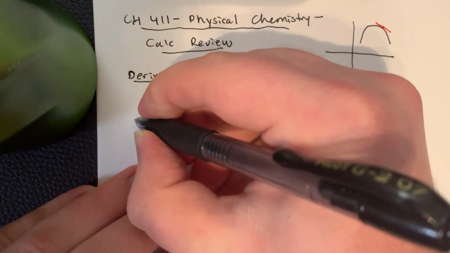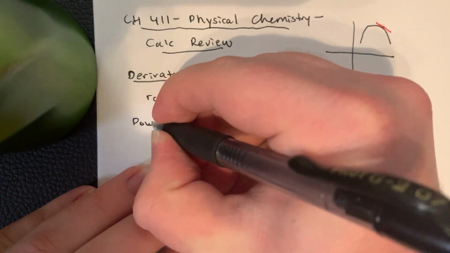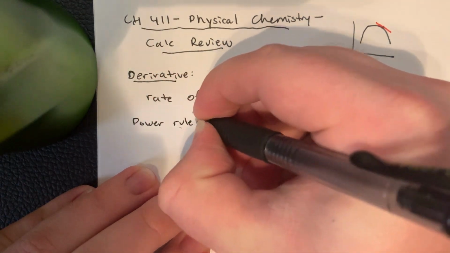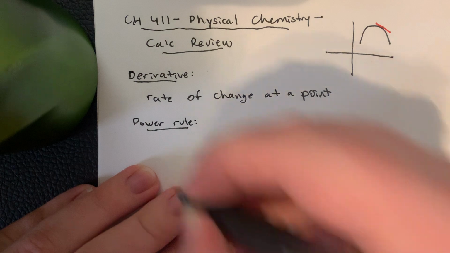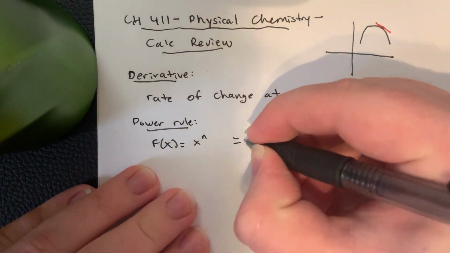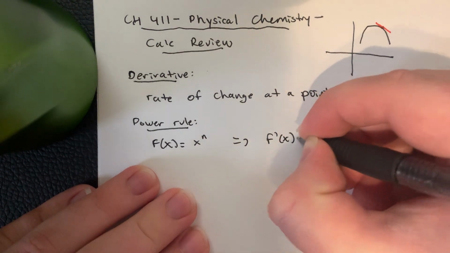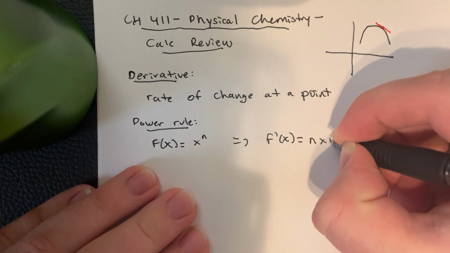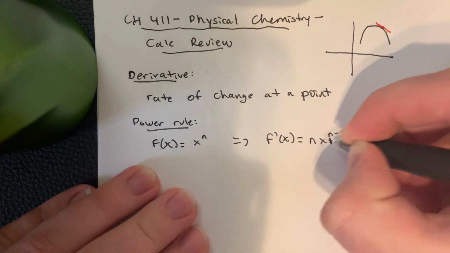Okay, so a few rules that we have, then the power rule. If we have a function f of x is equal to x to the n, then the derivative of that function is nx to the n minus 1.